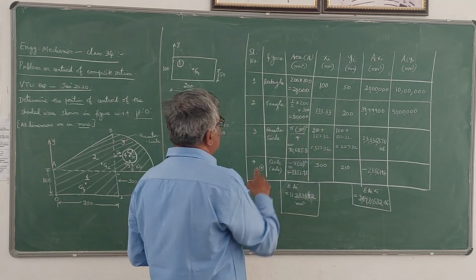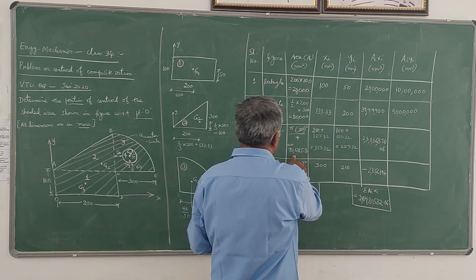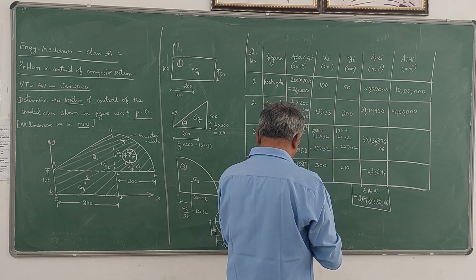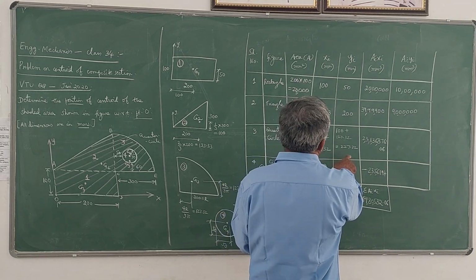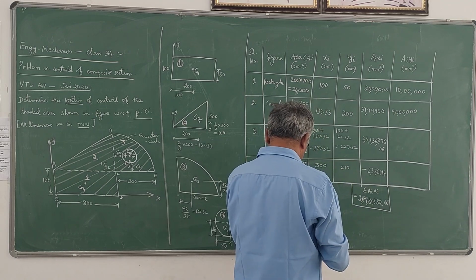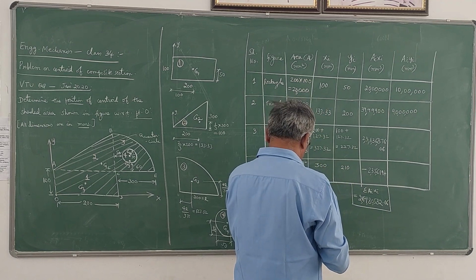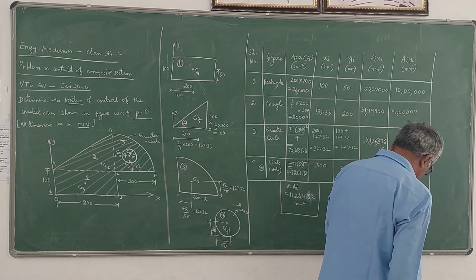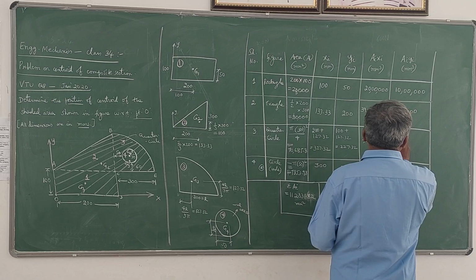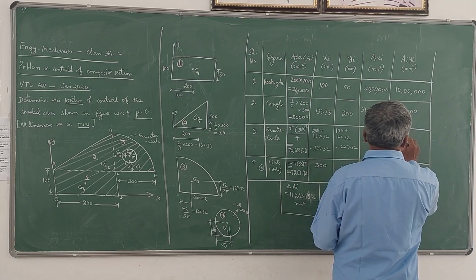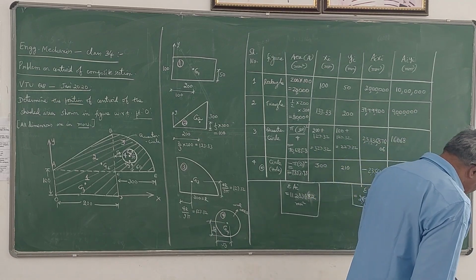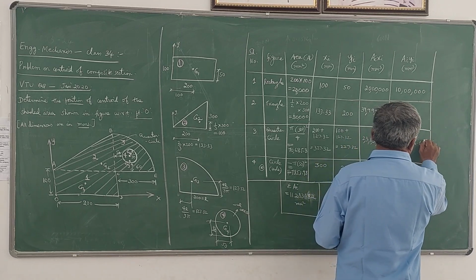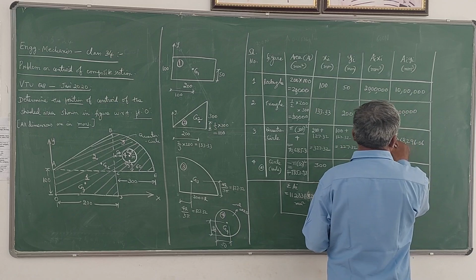Then you have for the quarter circle, A is 70,685.8 multiplied by 227.32. It comes out to be 16068296.06. Okay, so this is the value.